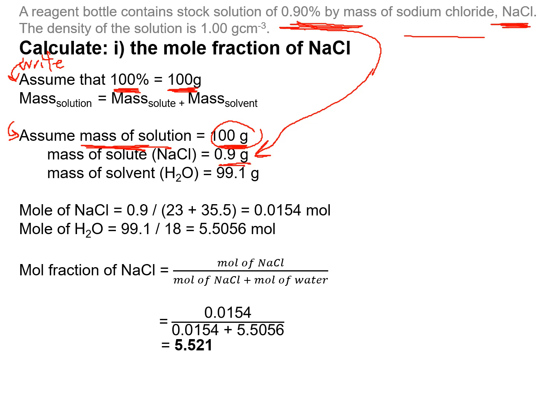Okay, nak tahu mass of solvent, memang kita selalu guna solvent H2O pun. Nak tahu mass of solvent, mass of solution, tolakkan je dengan mass of solute. Okay, maka you dapatlah tahu mass of solvent adalah 99.1 gram.